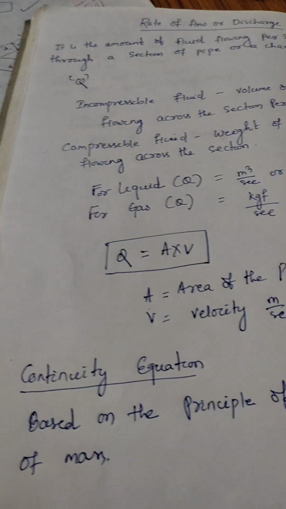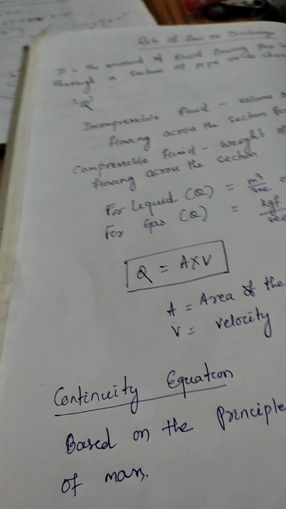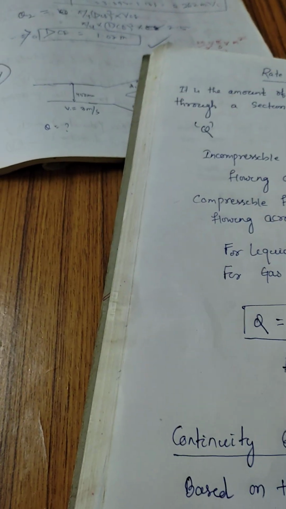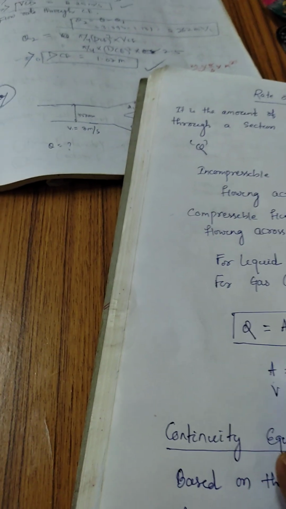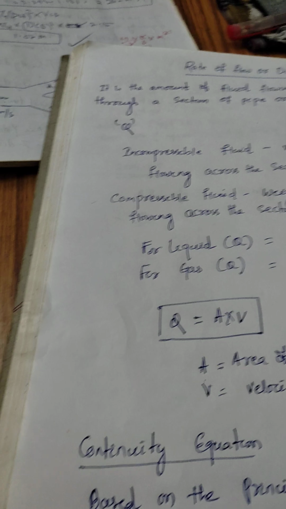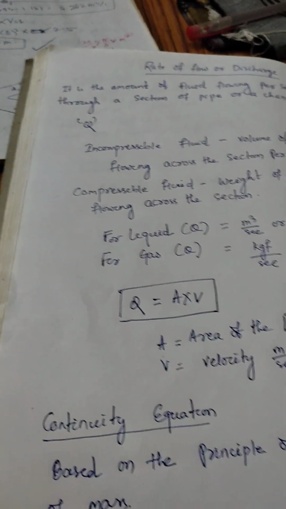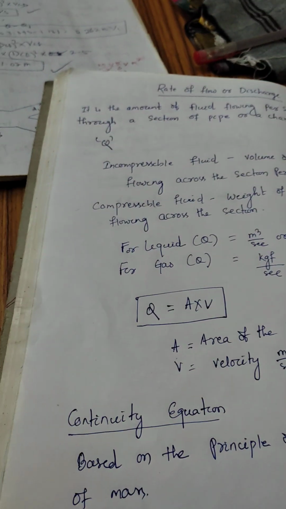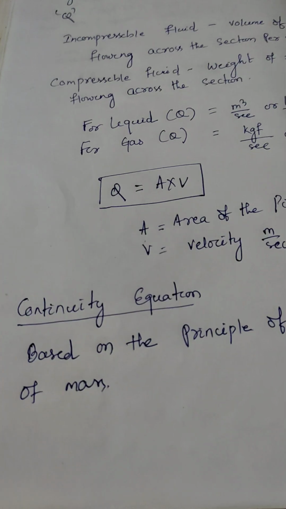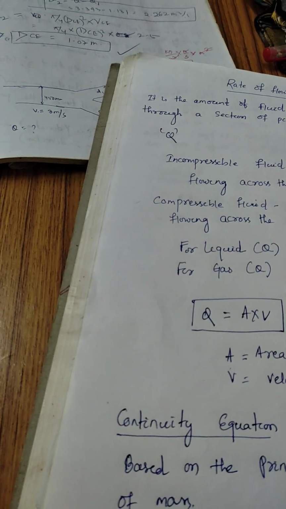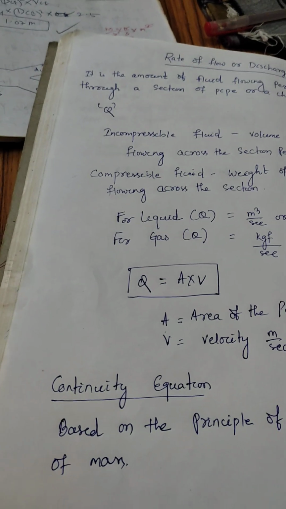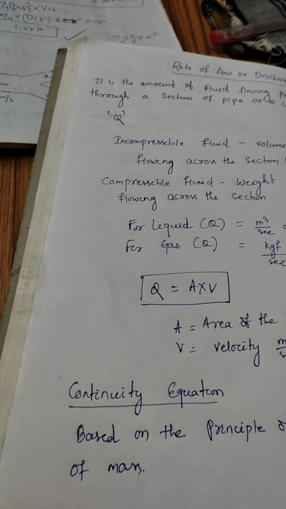For discharge, we use the term Q. The equation is Q equals AV. To prove how Q equals AV comes, we take a cross section of a pipe or channel. It is based on the continuity equation, or the principle of conservation of mass.